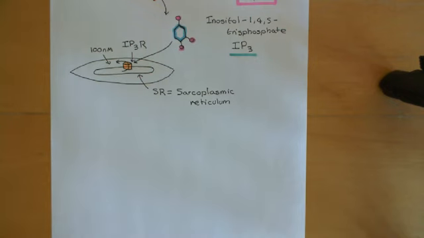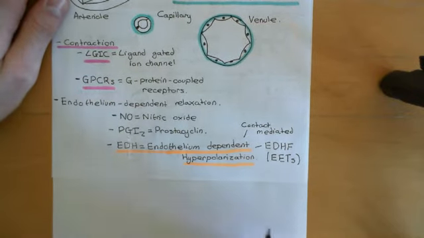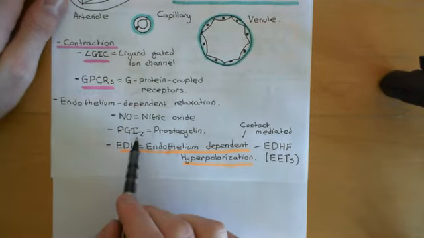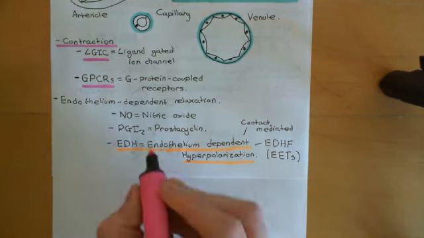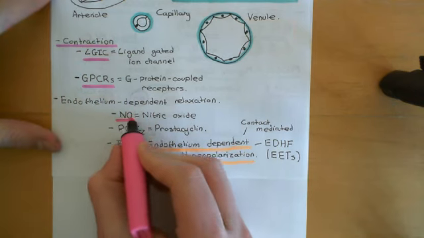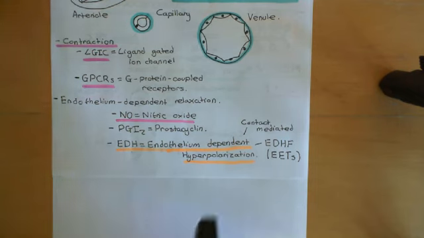Remember, we discussed long ago how there were three contributing mechanisms of endothelium-dependent relaxation: nitric oxide, prostacyclin, and endothelium-dependent hyperpolarization. We are going to start off with nitric oxide, which is the most important one. Then we will go on to prostacyclin, and finally endothelium-dependent hyperpolarization.